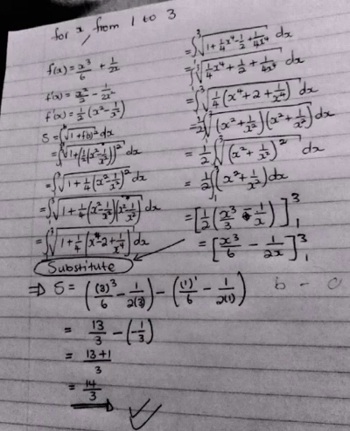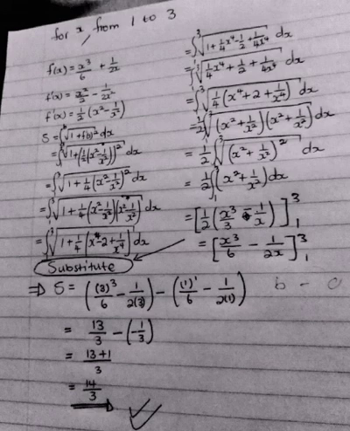Simplified here, we have 1 over 4 multiplied by x to the power 4 plus 1 over 2 plus 1 over 4x to the power 4. And then the next step, we take out the common factor. We think that 1 over 4 is the common factor.